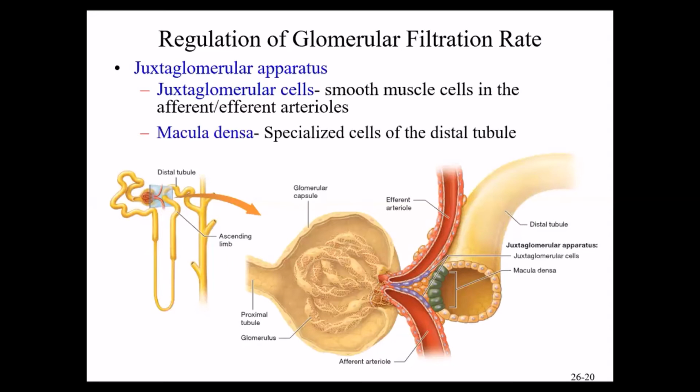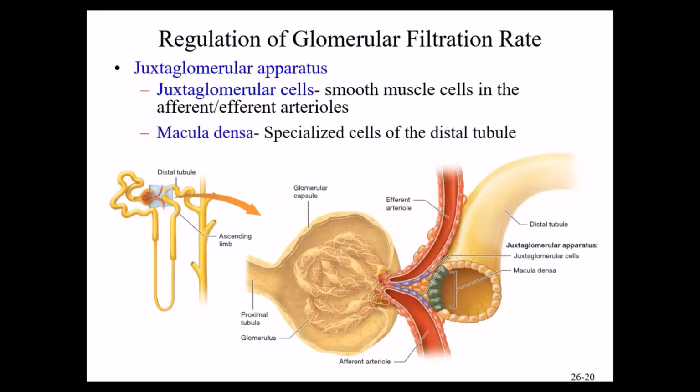Whenever they contract, they constrict, and that decreases the amount of blood flow in and out of the renal corpuscle. They can also relax and dilate, and that increases how much blood flow is going in and out. We need to talk about that in the form of autoregulation.